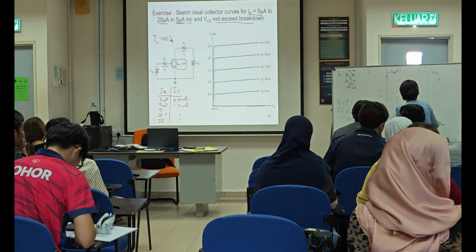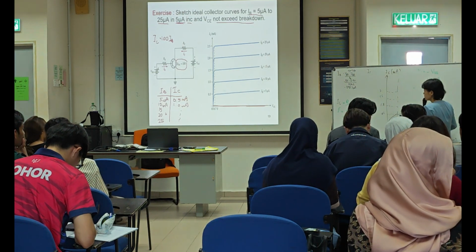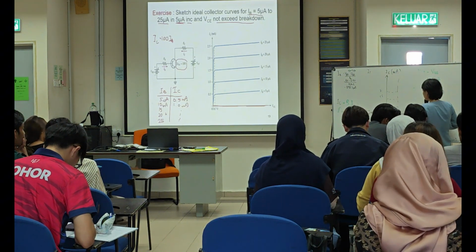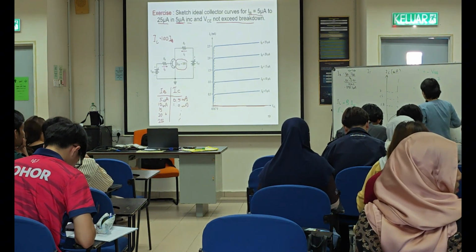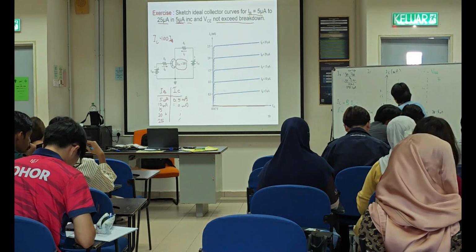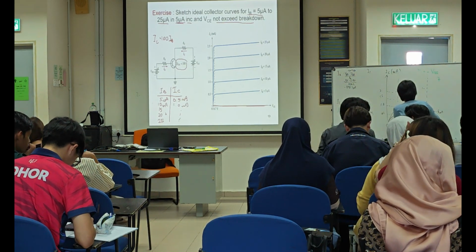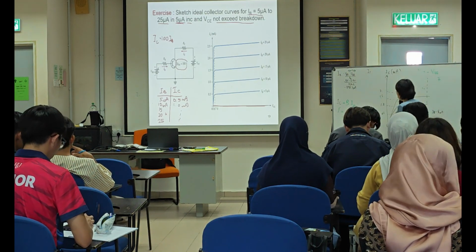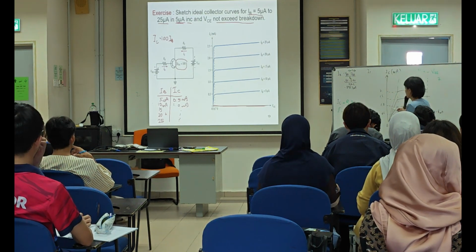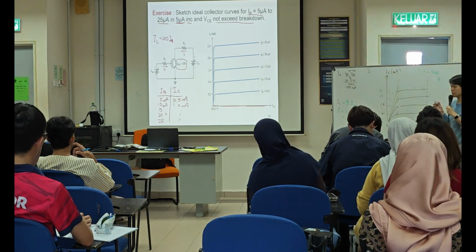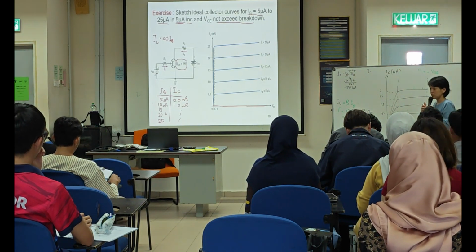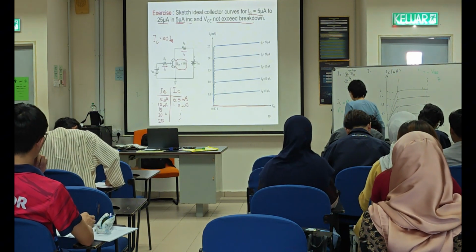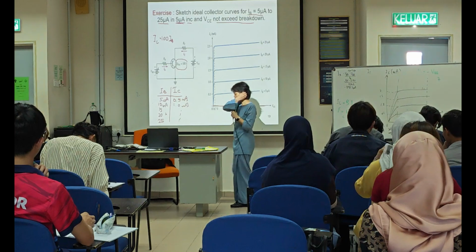This is just roughly. This one is your IB of 5 milliampere, and then the second one. You just draw like that, then label, then finish. So you get that. Done for this question.